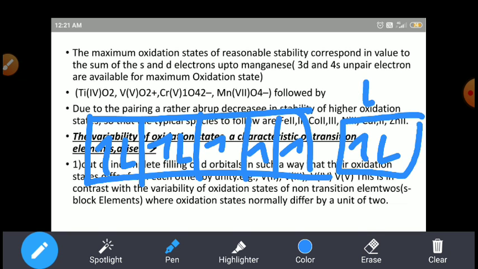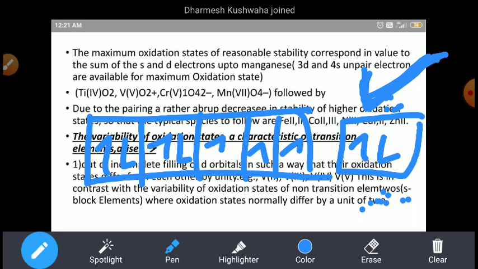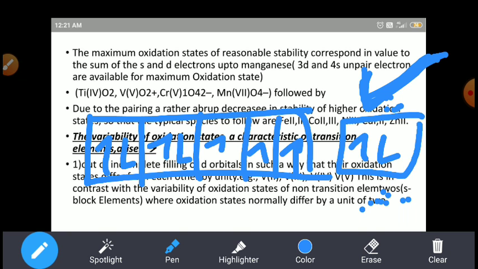Okay, after removal of this electron, if this is the outermost electron, we have to remove this electron. After removal of this electron, we can't remove these electrons. We have to remove either this one first, and afterward this one second.